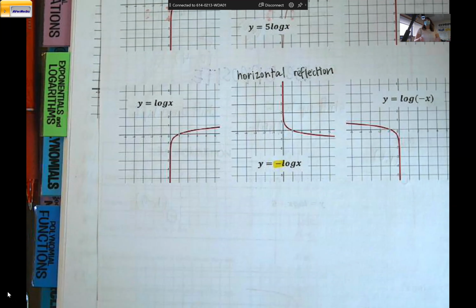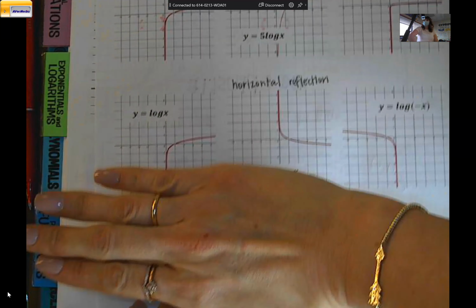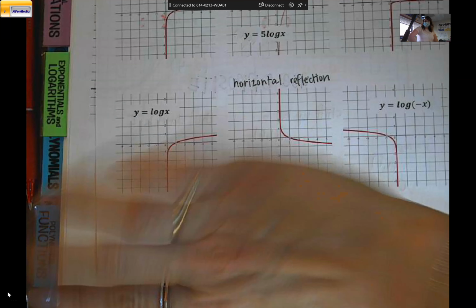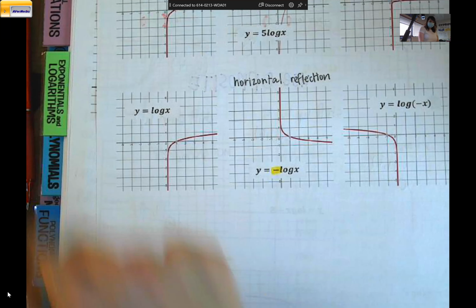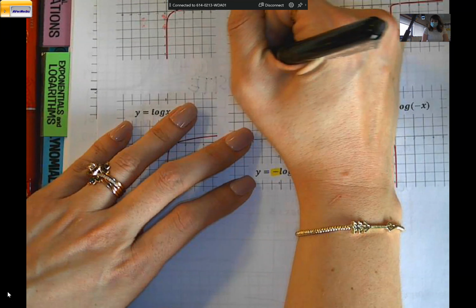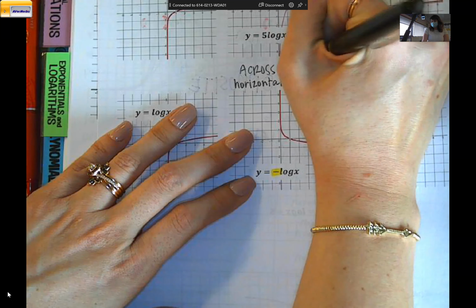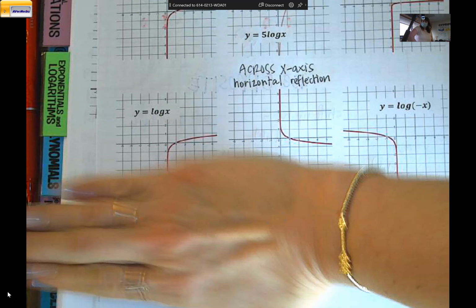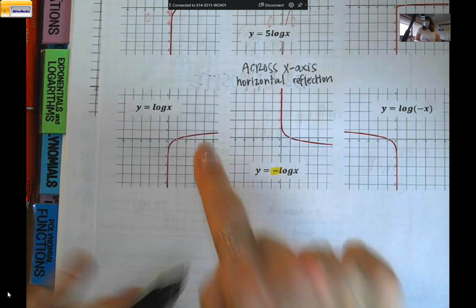That's when we took our smiley face parabola and flipped it down to a frowny face. When you have a horizontal reflection, you're flipping across the x-axis. So I'm flipping across the x. This is your x.